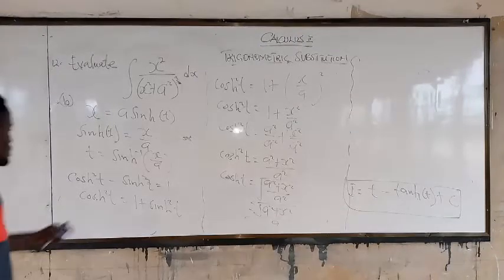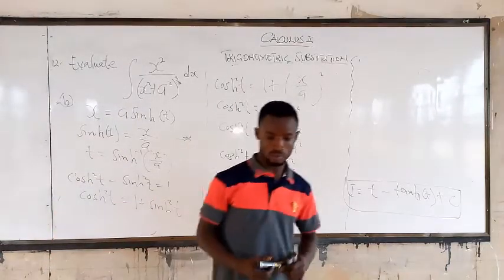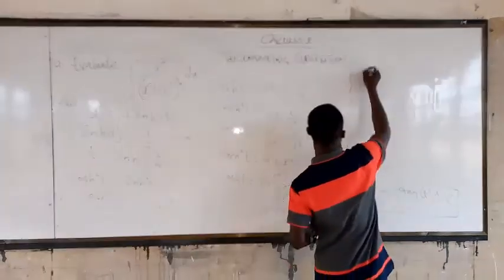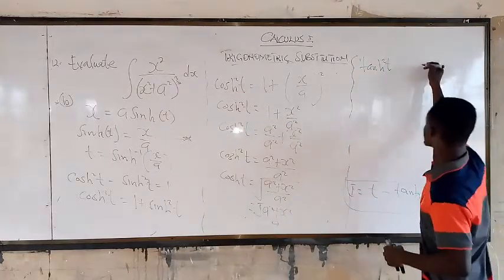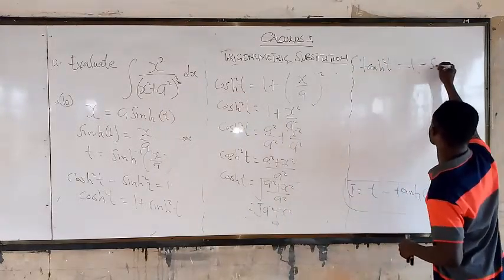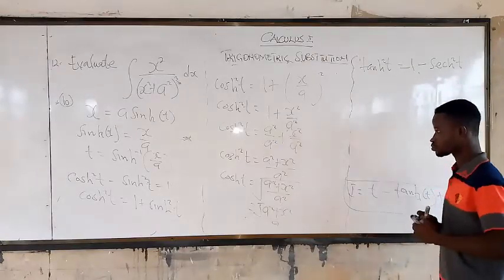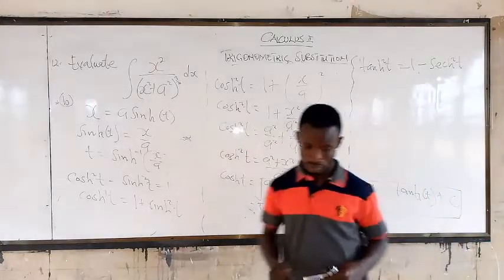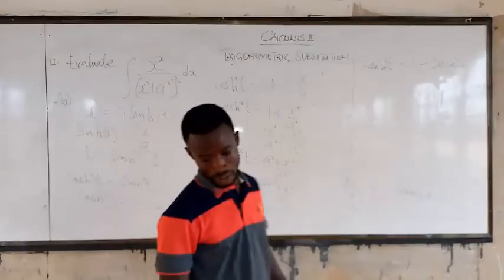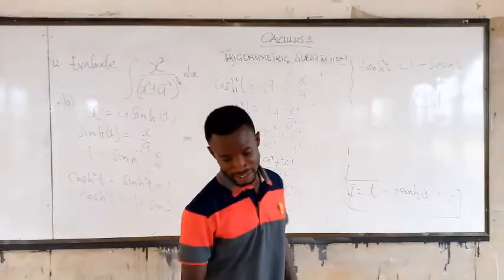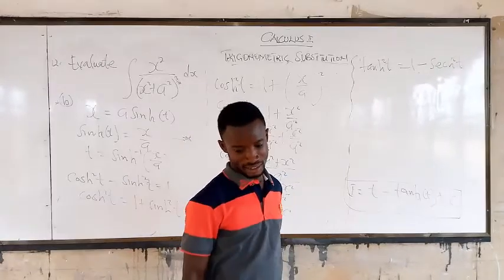Okay, let's quote from here. We know that tan square t is equal to 1 minus sec square t.